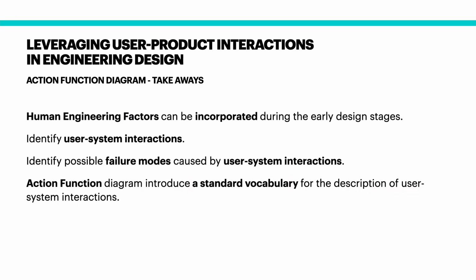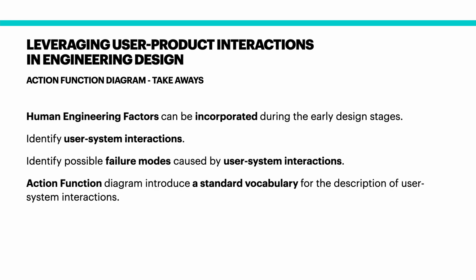So that's basically the end of the lecture. Now I want to summarize the takeaways from today. First, human engineering factors can be incorporated during the early design stages, and there's a good benefit to this because we don't rely on building prototypes, which is a good thing.